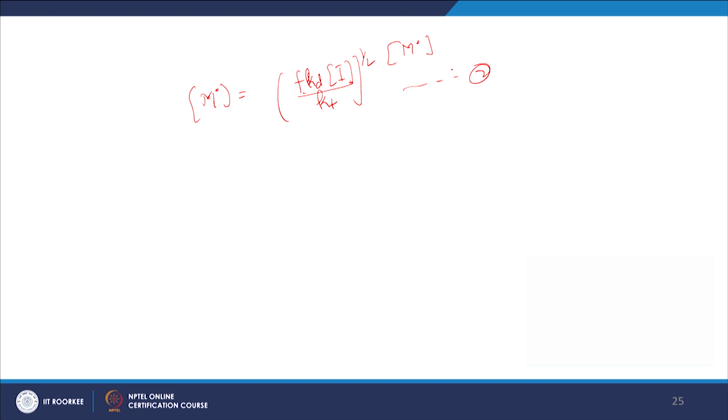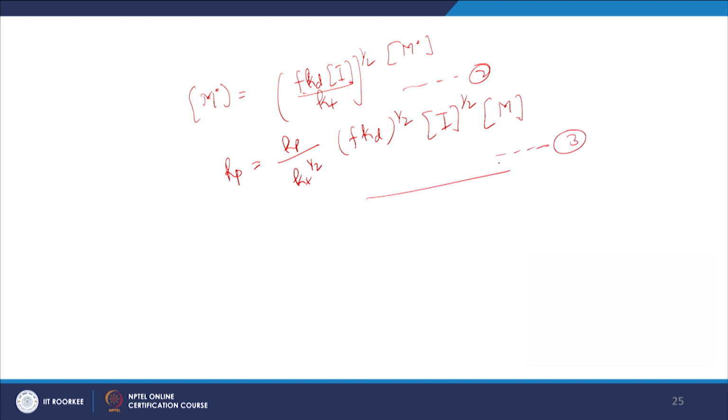Now, the expression for the rate of propagation Rp reduces to Rp = kp / kt^(1/2) × (f kd)^(1/2) × [I]^(1/2) × [M]. This is equation number 3. By this way we can represent both the concentration of [M·] and Rp.